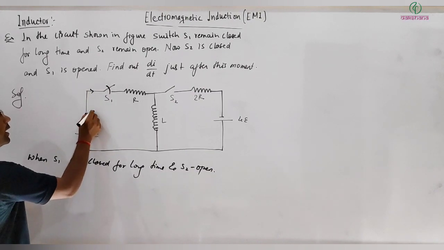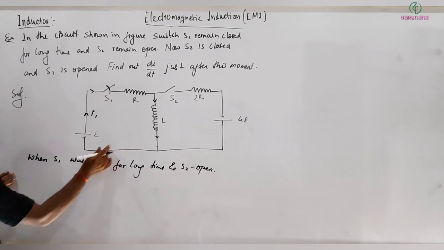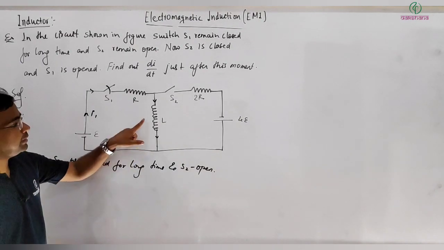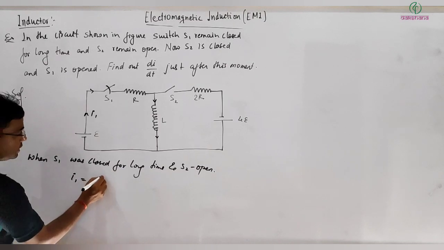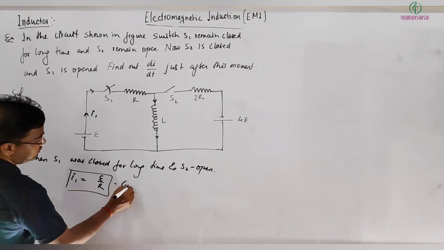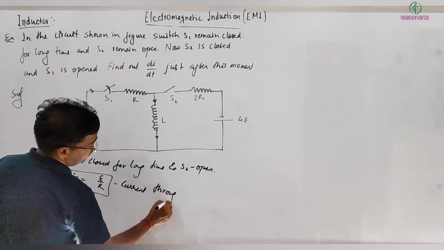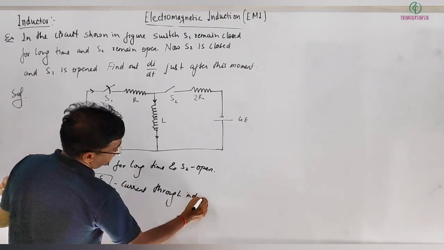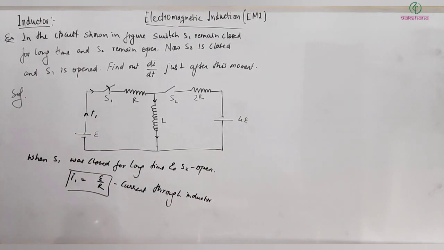Let's say here I1 is the current, and it will be flowing this way. So the current I1 will be simply equal to E by R, the current through the inductor. So this much current will be flowing through the inductor initially.